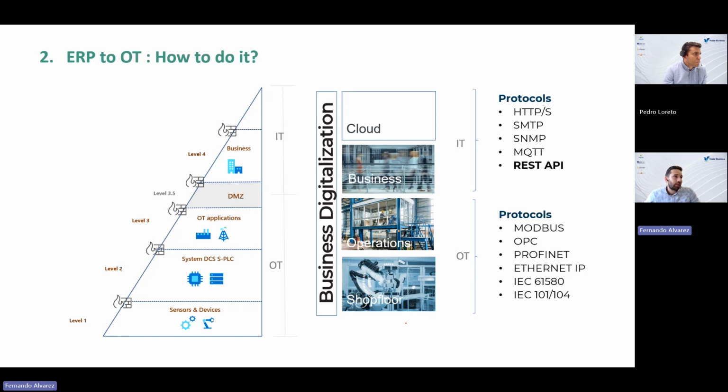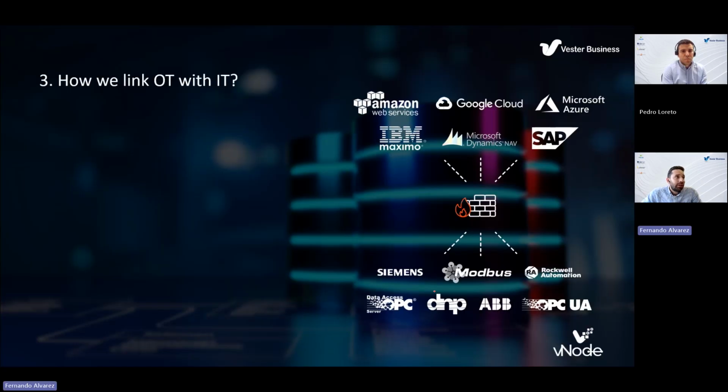So when we talk about a communication between an ERP and our PLCs, we need to talk about a communication between OT and IT. So how do we link OT with IT? How do we link all these protocols that we have below, all our PLCs from Siemens, Rockwell, ABB, Honeywell, Allen Bradley? We have all these data sources here on top.